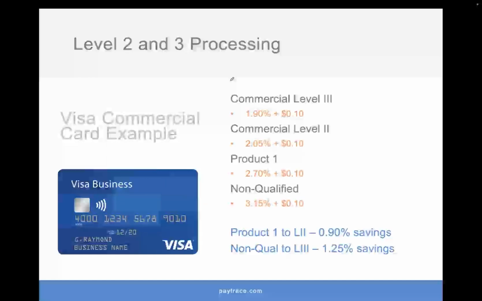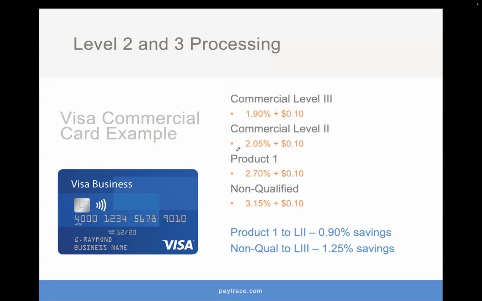Now, keep in mind, as of the time of this recording, these rates should be accurate. But interchange rates are subject to change. Actually, twice a year, the card brands go out and release their new interchange rates, so always keep up to date on what current rates are. But this is a Visa credit card example, specifically a purchasing card example.